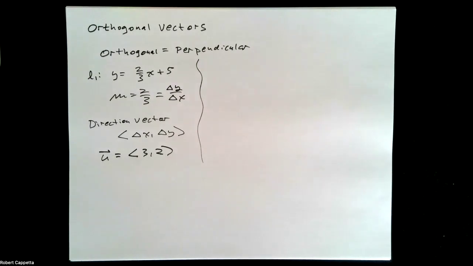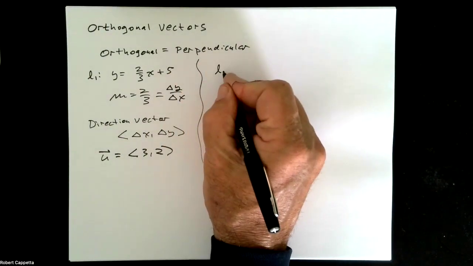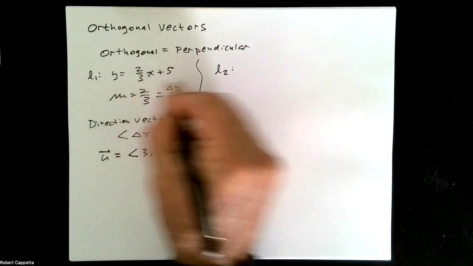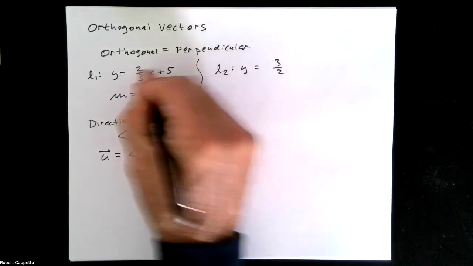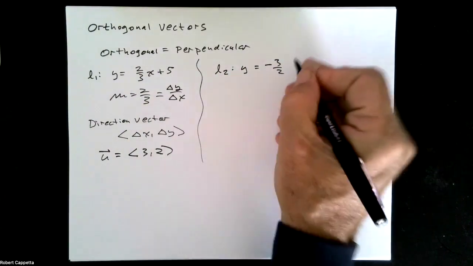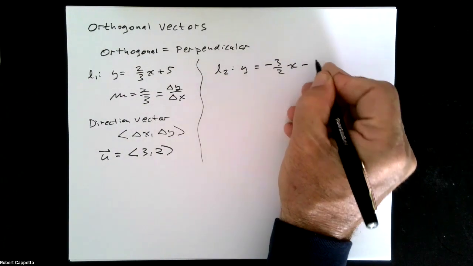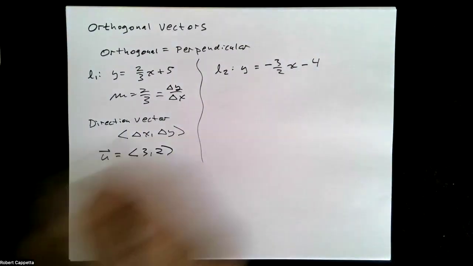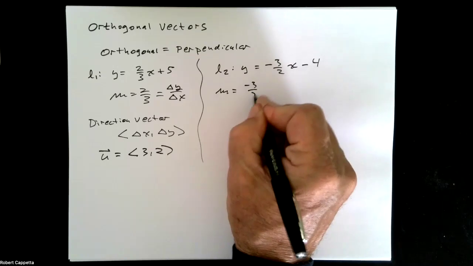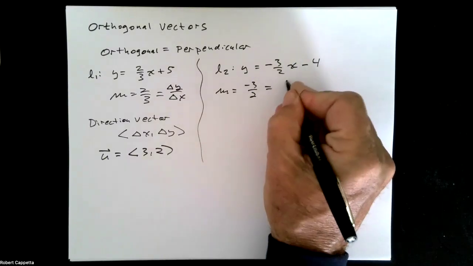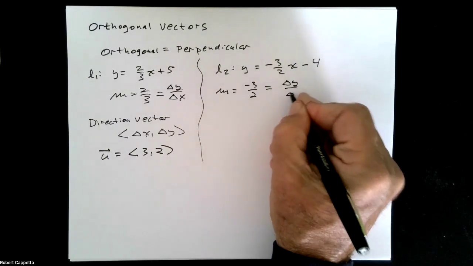And if I want to get a line that's perpendicular to that, I need opposite reciprocal slope. So I've got to flip the 2/3 to 3/2, and I have to change the sign. It's positive here, make it negative here, and then the y-intercept is essentially irrelevant. So the slope here is going to be -3/2. Slope is change in y over change in x.